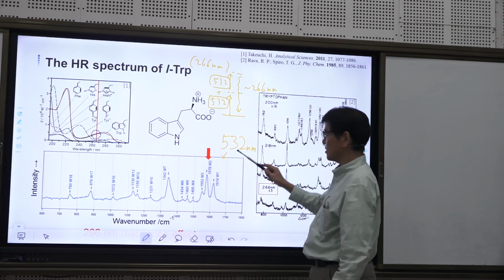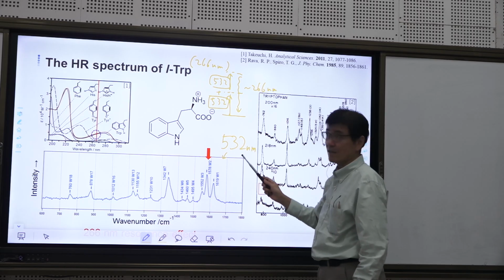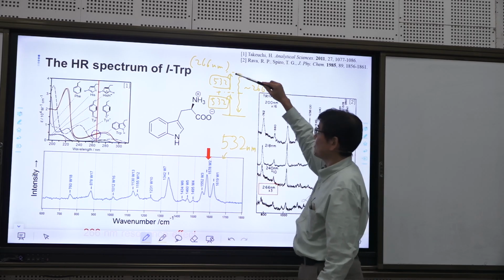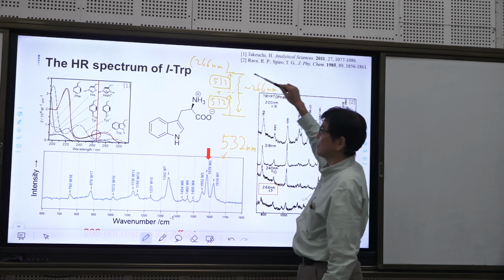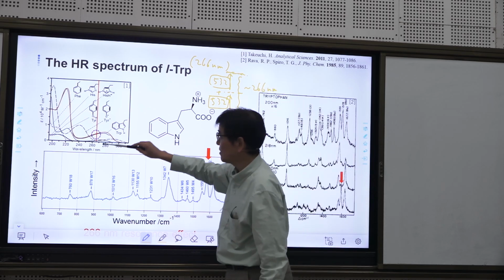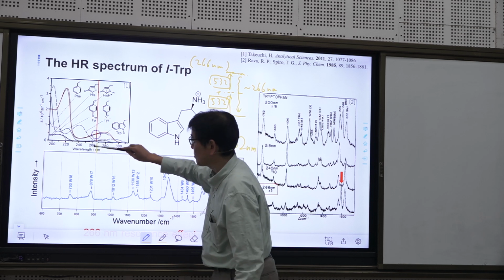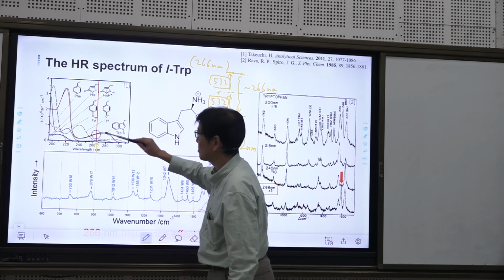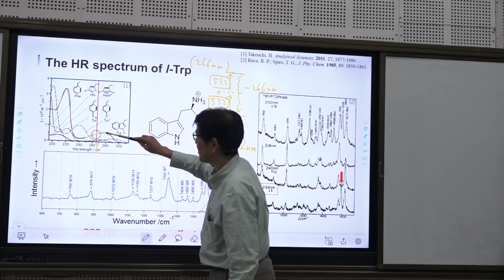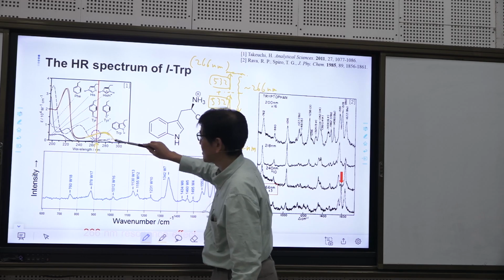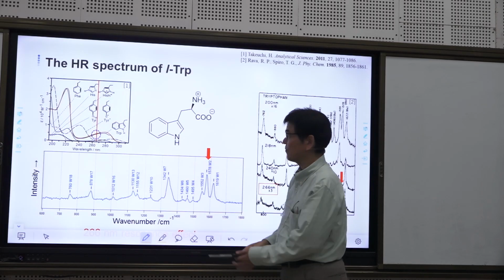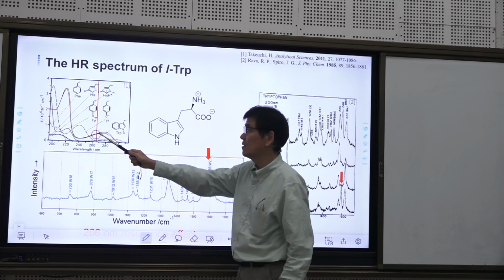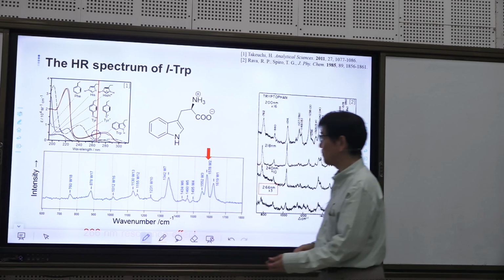So even though this is a 532 nanometer excitation, it resonates to the electronic states at this position. At 266 nanometer, there is an absorption of tryptophan. This is a tryptophan spectrum, and at 266 nanometer it has an electronic state.